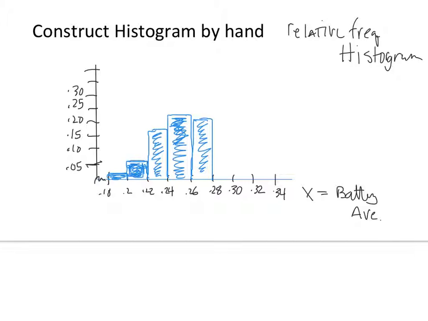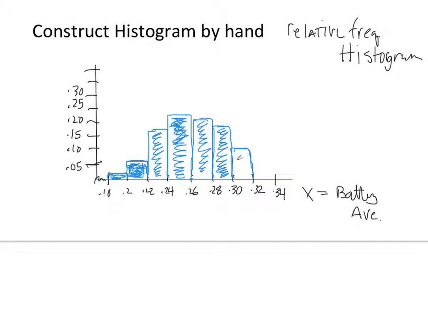And then for 0.28 to 0.300 batting average, we have about 0.19. Right. This is all very centered around the same values. Now if we get to batting over 0.300 to 0.320, we get about 10%, almost 11%.